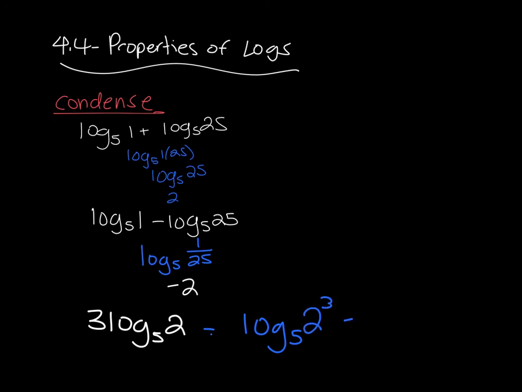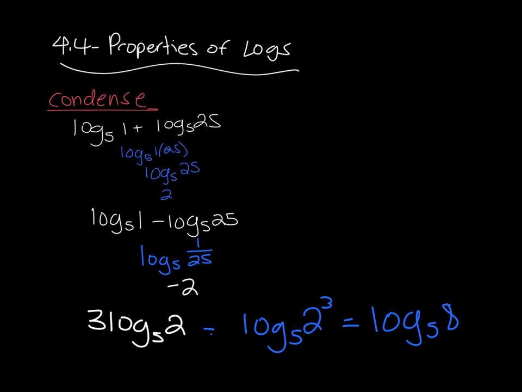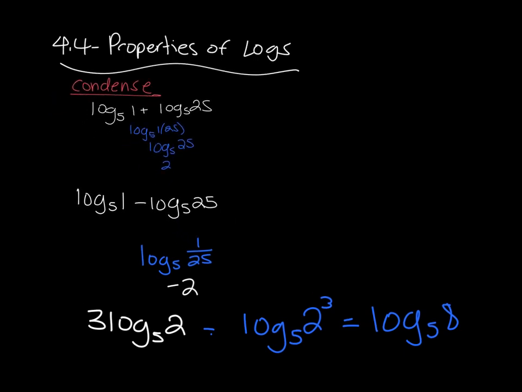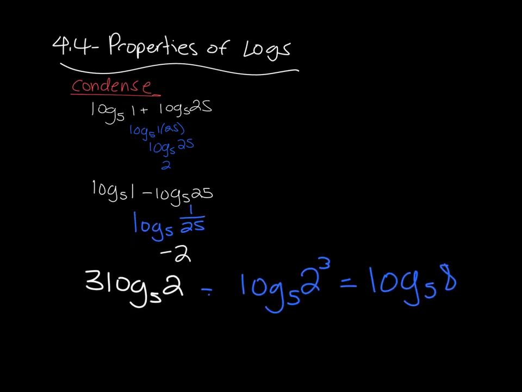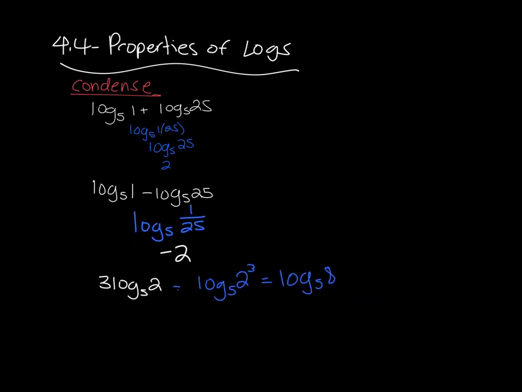I can simplify this one step further, log base 5 of 8, but then it would stay that way. So three ways to condense: adding becomes multiplication, subtracting becomes division, and the number on the front becomes the exponent.